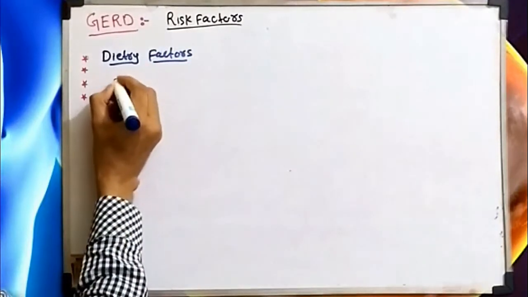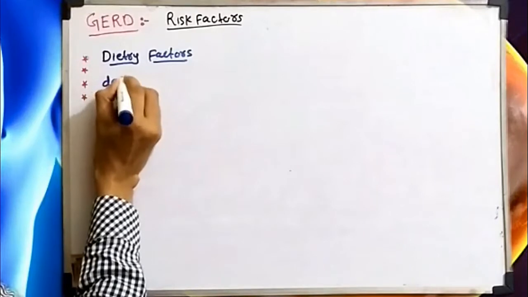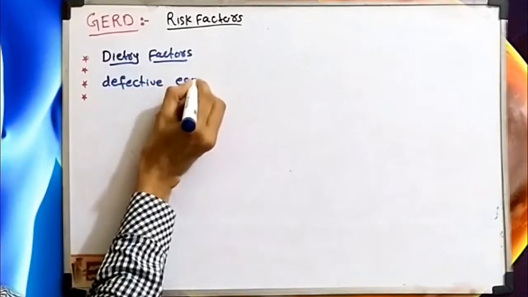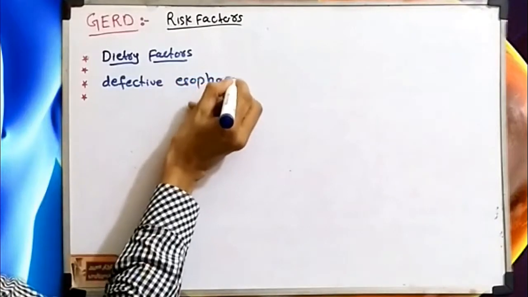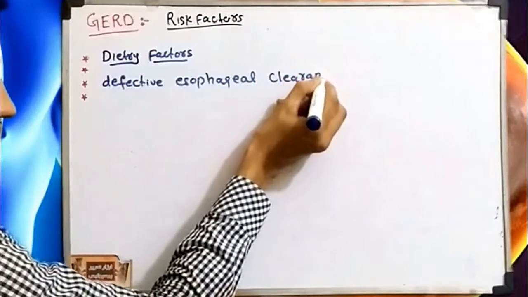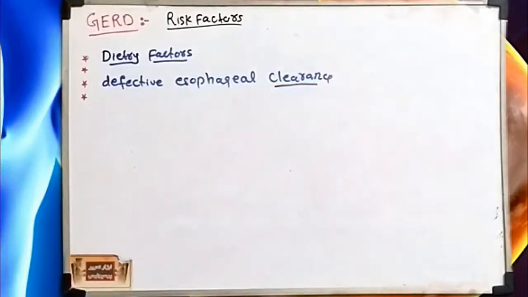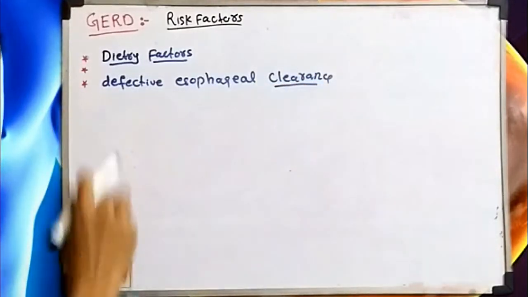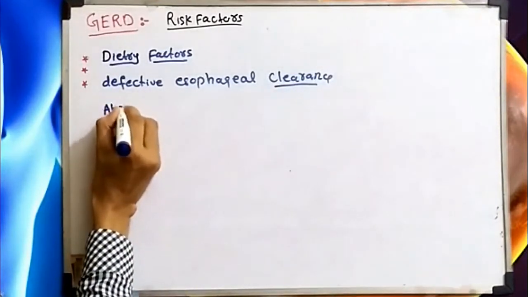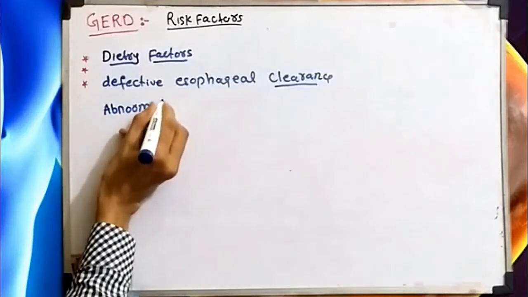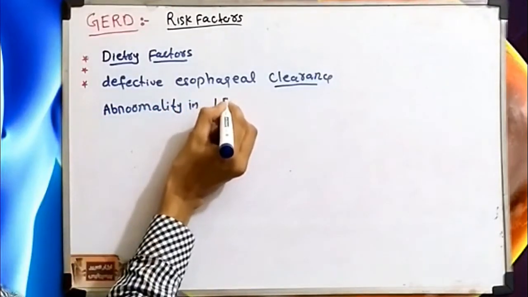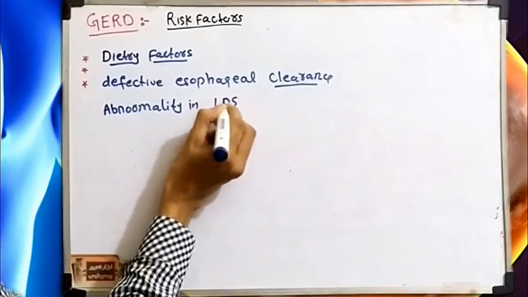The second factor is defective esophageal clearance. Another factor is abnormality in the lower esophageal sphincter.